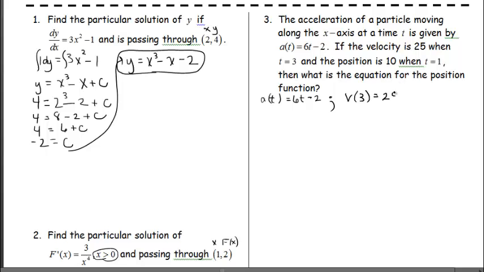This is a point on the velocity graph. It satisfies the velocity equation. And then the position is 10 when time is 1. So I'll just use x, since this little guy's moving back and forth, left and right along the x-axis. All right, what's the equation for the position function? I have to integrate twice using each of these initial conditions.